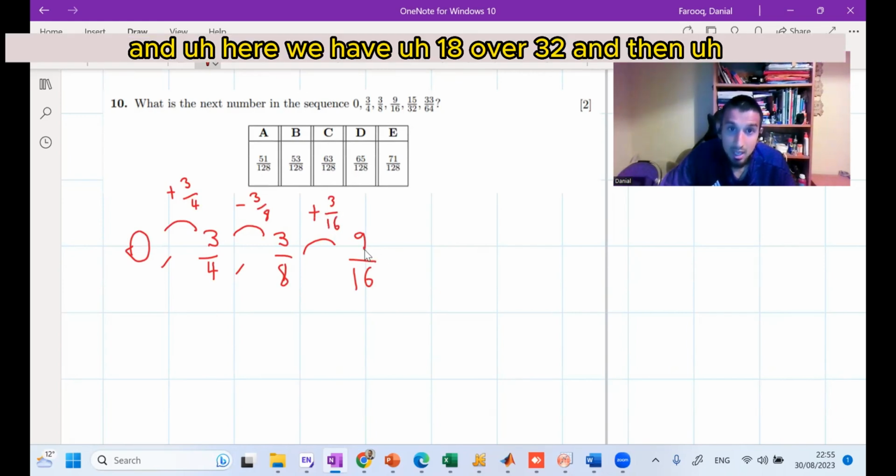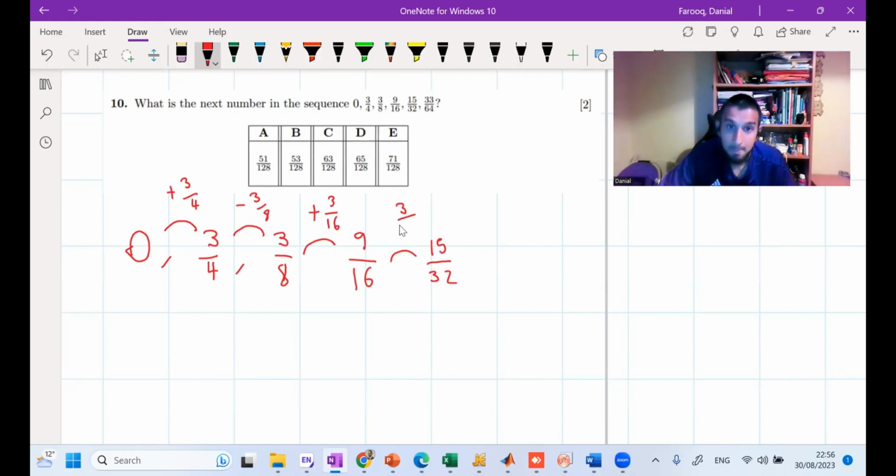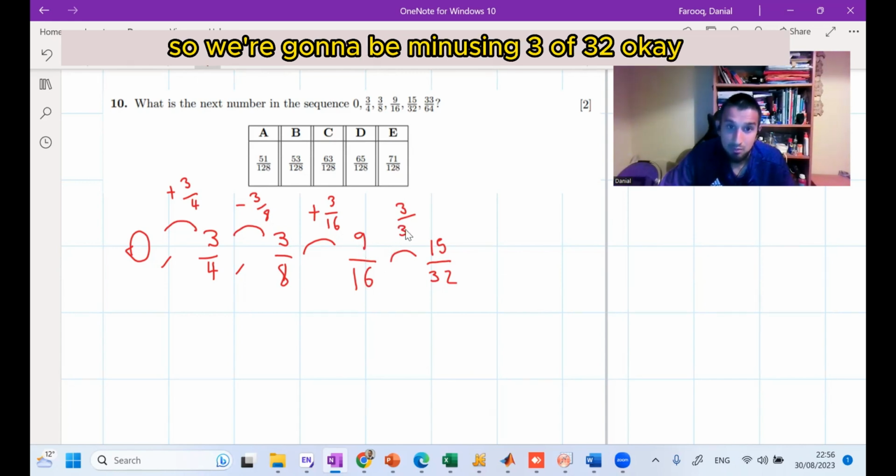And here we have 18 over 32, and then we're going to be minusing 3 over 32.